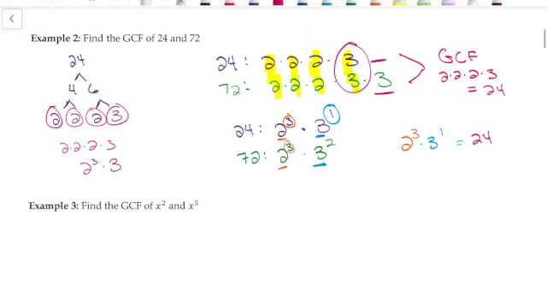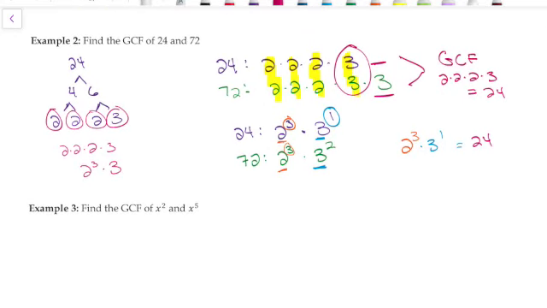All right, so now we're going to do the same thing with the GCF of x squared and x to the fifth. I'm going to write this the long way so that you can see what I'm doing, and then it works the same way. So x times x, and then x to the fifth is x times x times x times x times x.